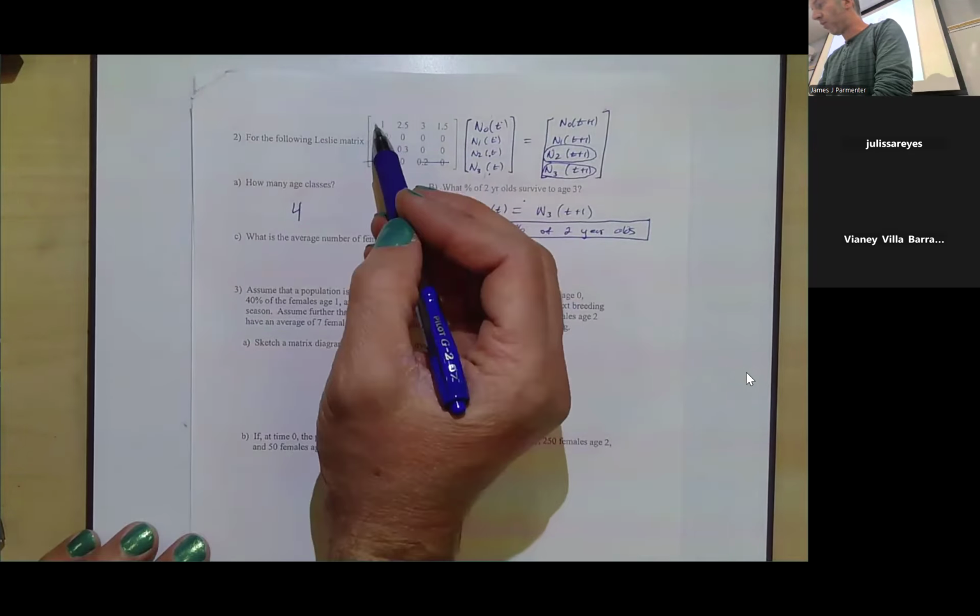Okay. These are good questions. What is the average number of female offspring of a 1-year-old? So we're trying to figure out how many offspring a 1-year-old produces. This first row is right.